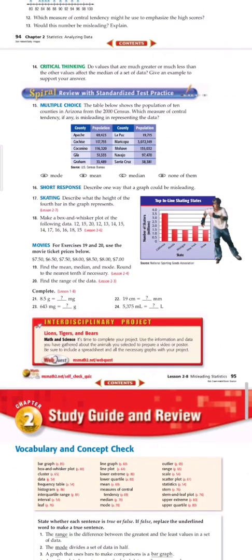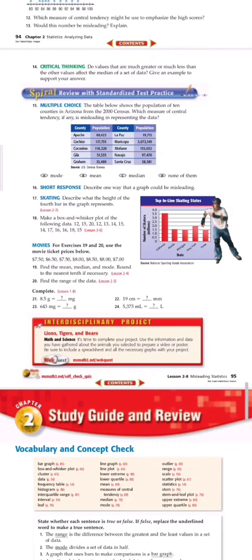14. Critical thinking. Do values that are much greater or much less than the other values affect the median of a set of data? Give an example to support your answer. Spiral review with standardized test practice. 15. Multiple choice.